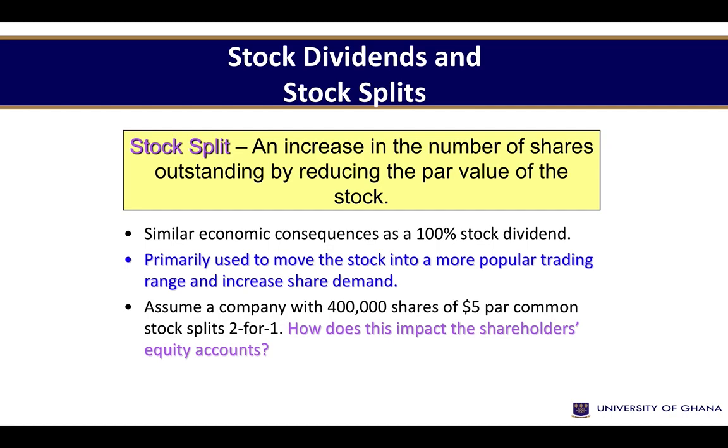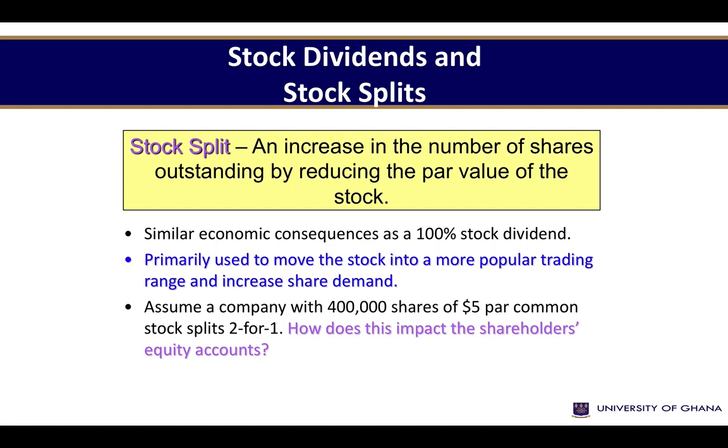But by splitting the stock, maybe a 2-for-1, for example, it means that for every original share that was priced at 80, we now have 2 shares in its place. What that really does is double the number of shares but halve the price per share. So in terms of intrinsic value, the value of the firm hasn't really changed in terms of capitalization.